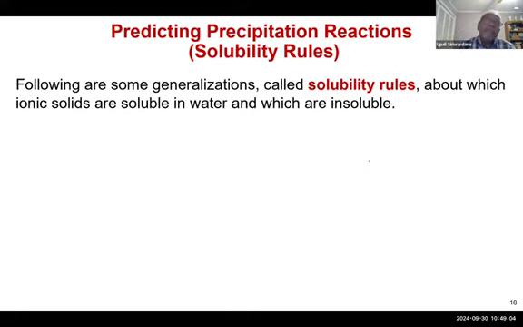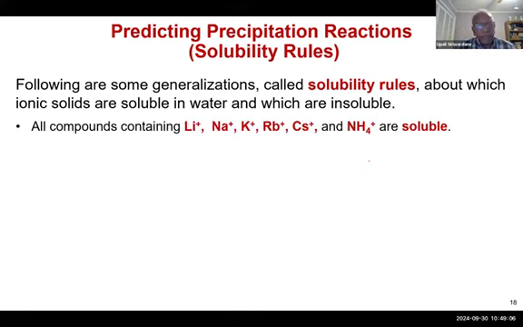These are the rules. If you have an ionic compound which has any of these cations, regardless of what the anion is, they are soluble. Lithium of anything, such as lithium carbonate, lithium sulfate, lithium chloride.